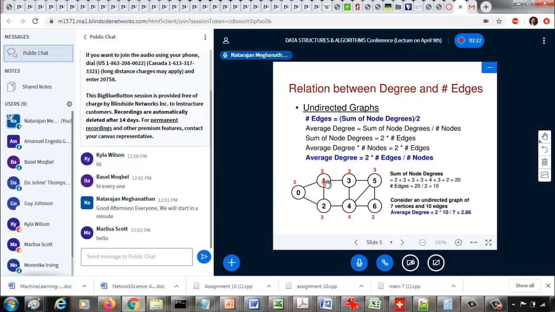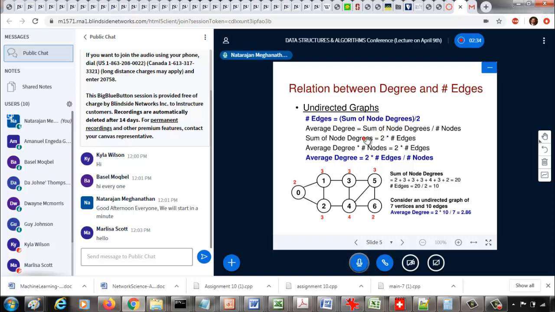Likewise, when you add the degrees of all the nodes, you're counting each edge twice. That is why you divide the sum of the node degrees by 2, and that gives you the number of edges. So this is a very good relationship between node degrees and the number of edges.